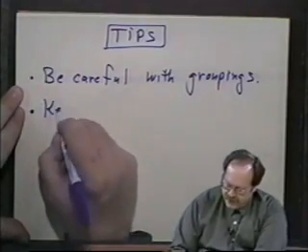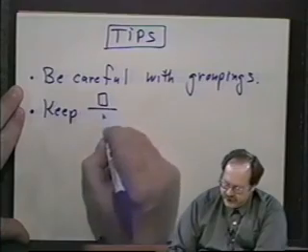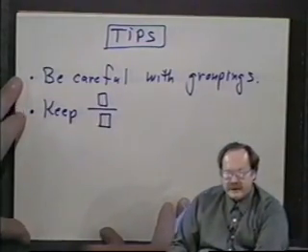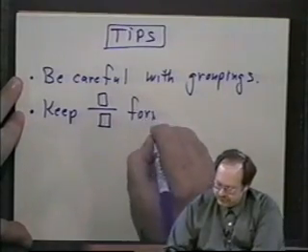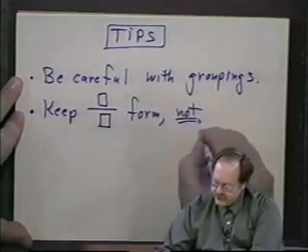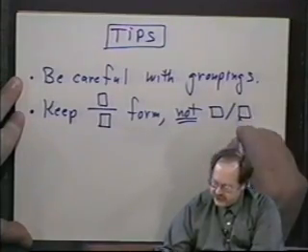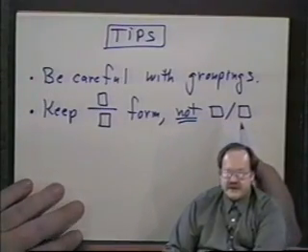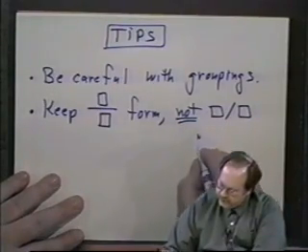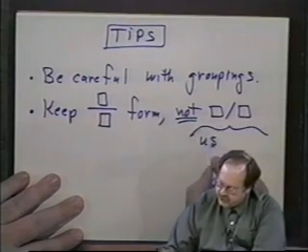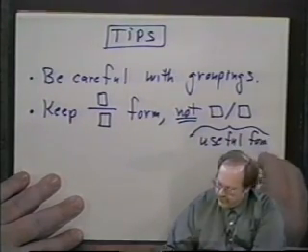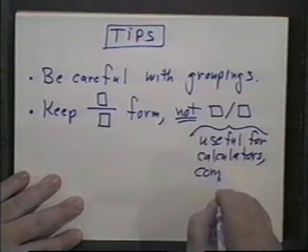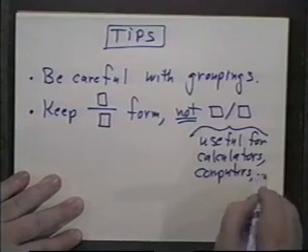Secondly, I recommend that you keep the division form, the quotient form, where the top is directly over the bottom in a vertical manner. Keep that form, not another form that you will see in textbooks that looks like that. The reason you don't want to do this is because this is for textbooks, or you say this is also useful for calculators and computers and computer systems.